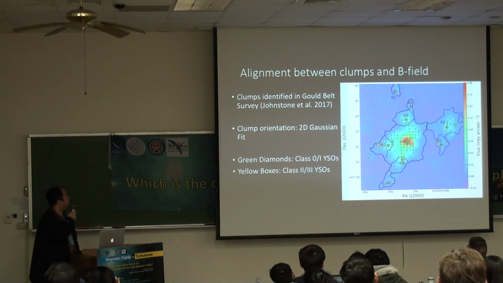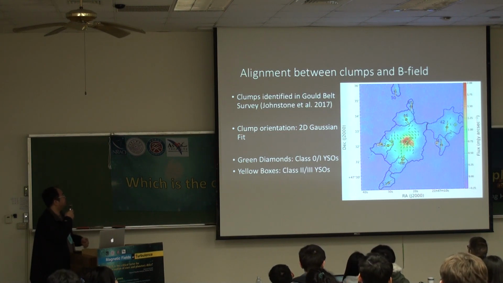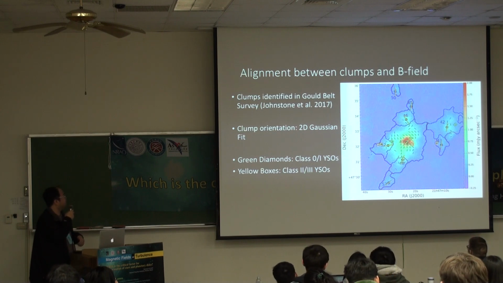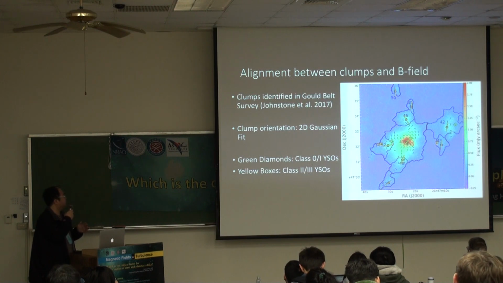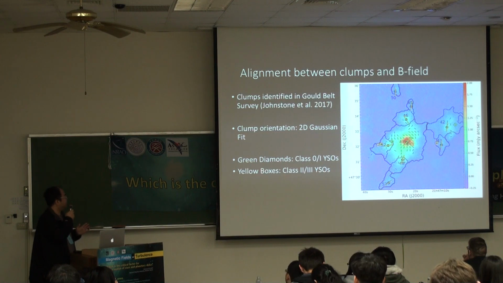We can show that the orientation of the clumps roughly follows the filaments from the northern part to the southern part, and you can also find that the local magnetic field is roughly correlated with the orientation of clumps.